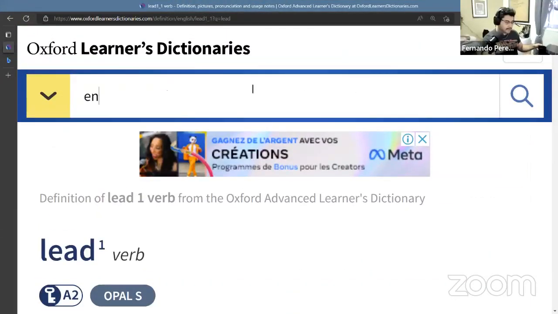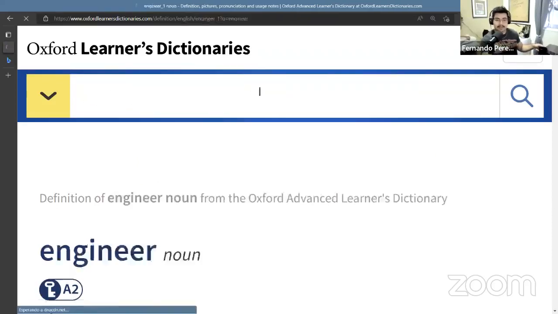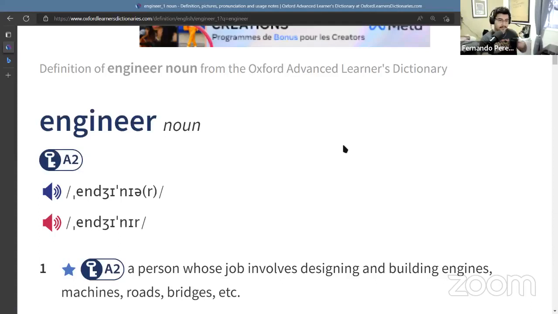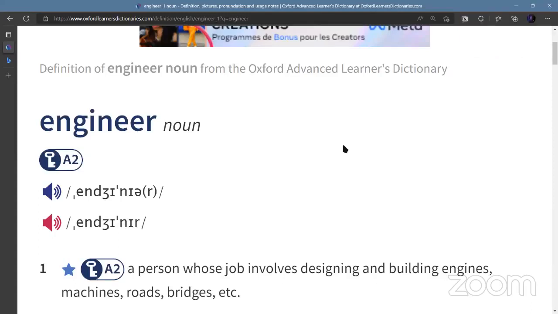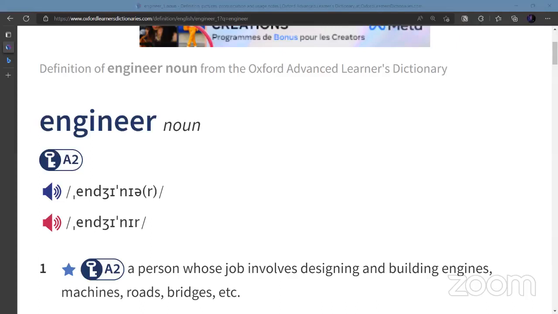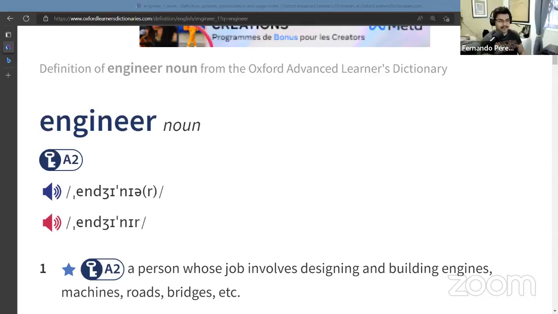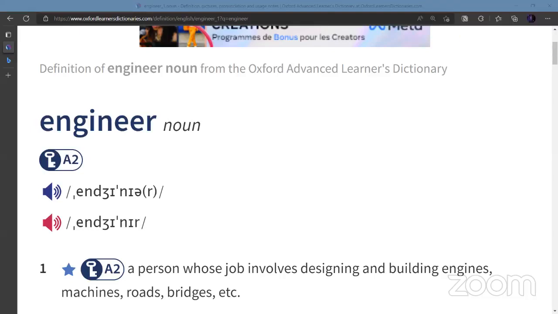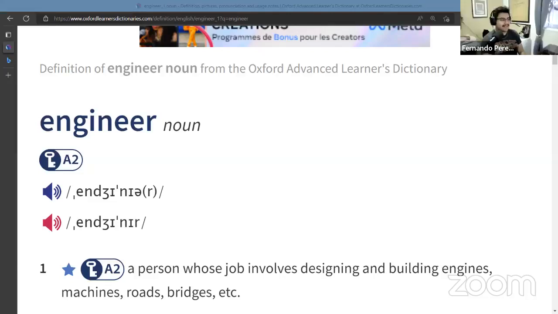The stress is in the third syllable. Engineer. Exactly.